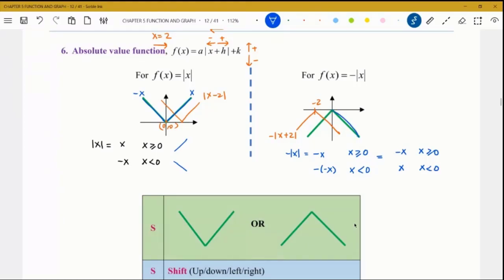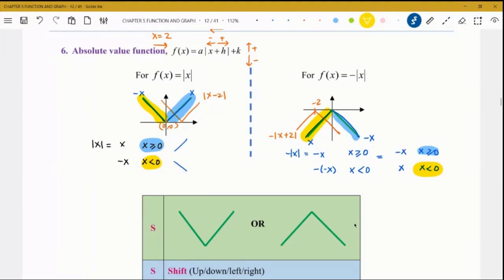So ini graf untuk negative X, ini graf untuk positive X. So dia based on kamu punya domain. Domain greater than equal 0 adalah sebelah kanan selepas kosong. Yang ini pula less than 0, sebelah kiri. So by definition sebab tu datangnya V-shape ke atas ataupun V-shape ke bawah.